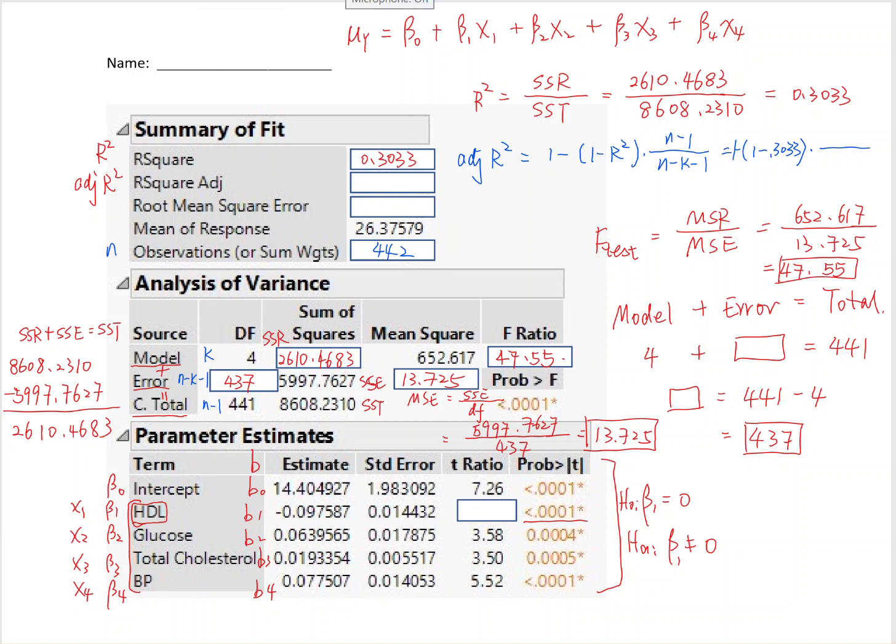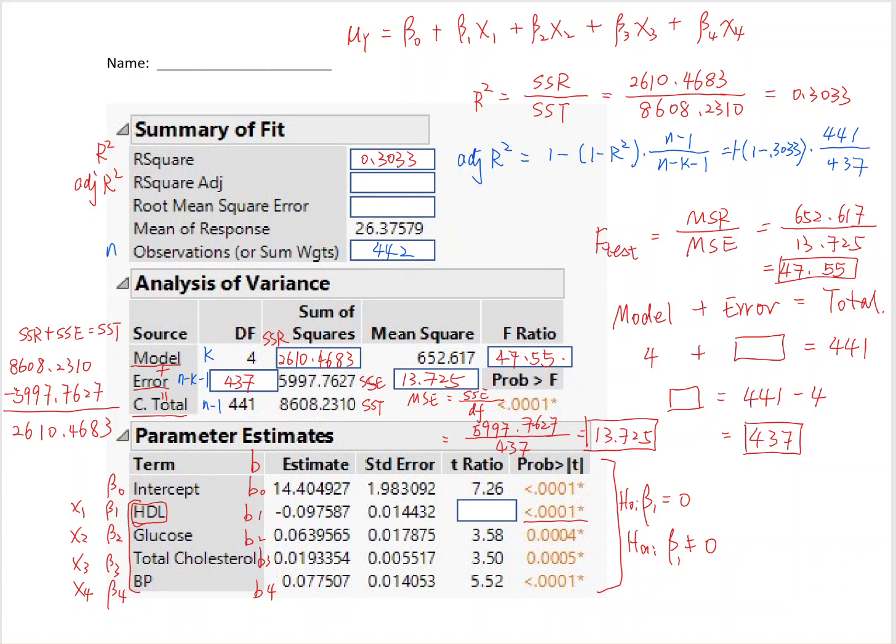All right, so now we found n, which is 442. So n minus 1 is just 441, divided by n minus k minus 1, which is the degree of freedom of error, which is 437.